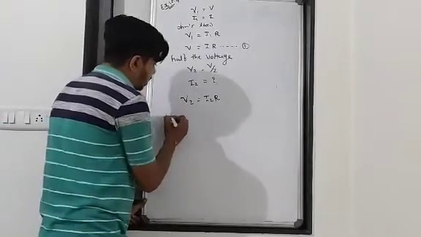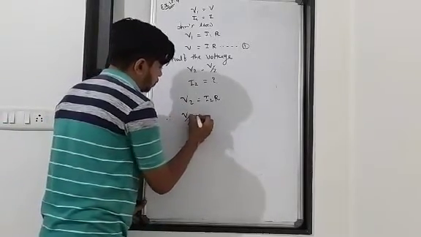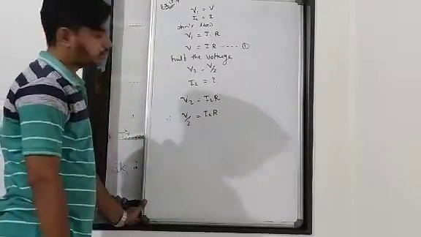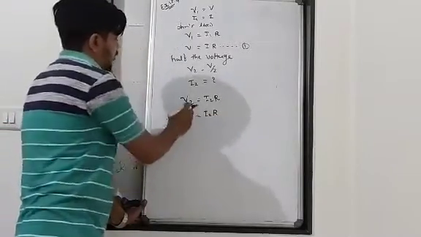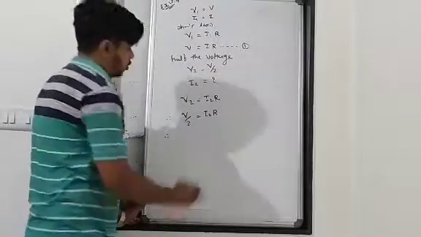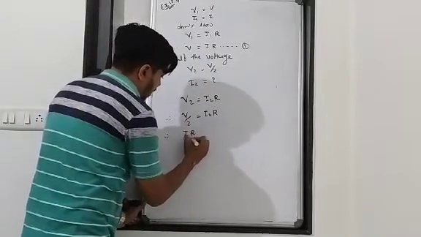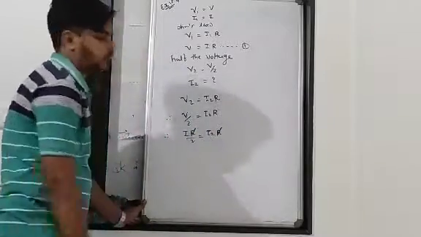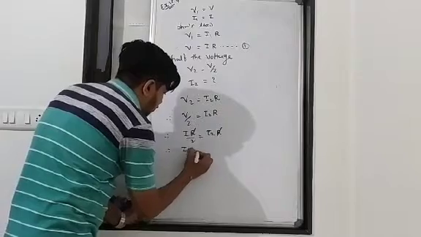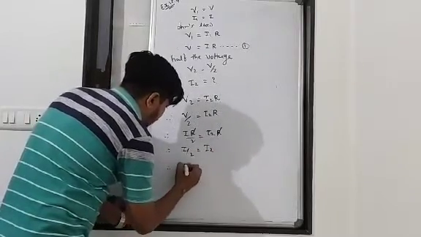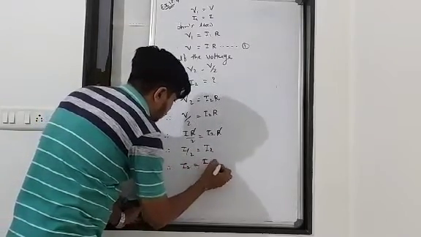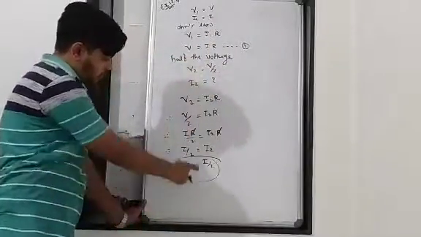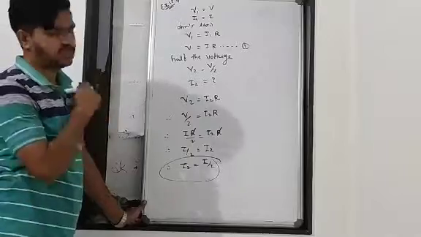But V2 is V by 2, equal to I2R. What is the value of V? V is equal to IR. So I by 2 is equal to I2R. From both sides, R is cancelled out. So I by 2 is equal to I2, so I2 is equal to I by 2. So as voltage becomes half, current will also become half.